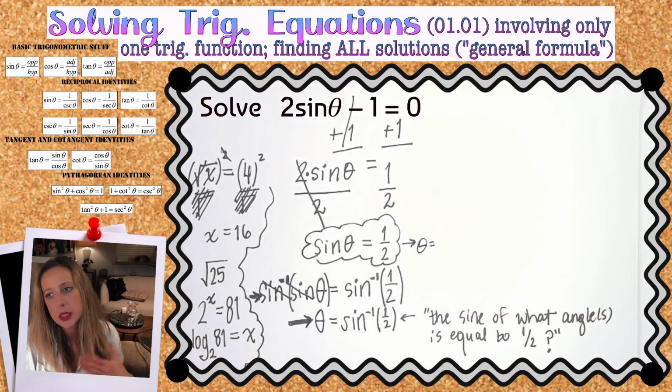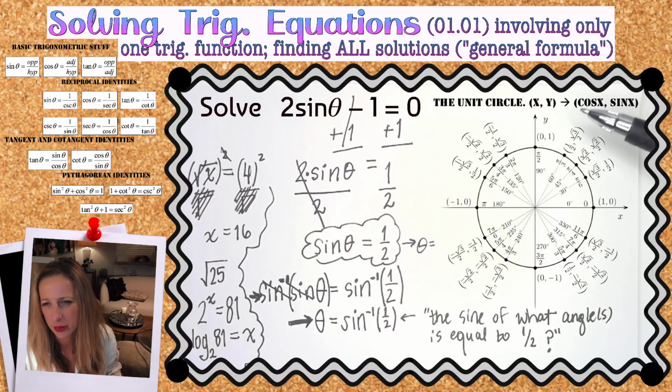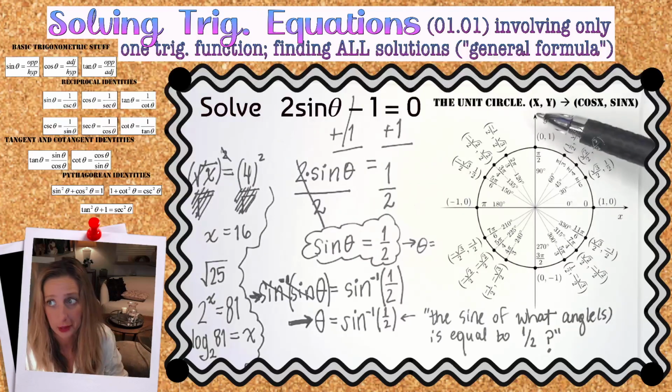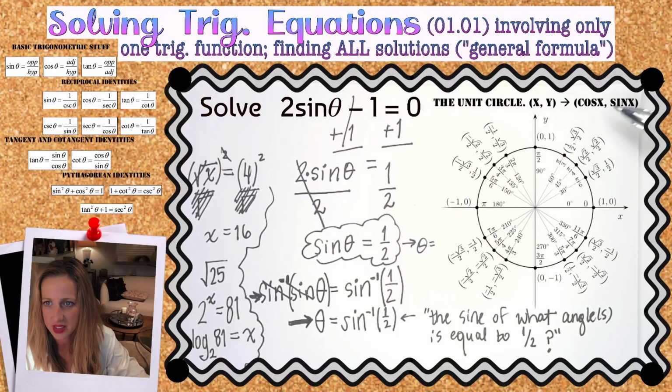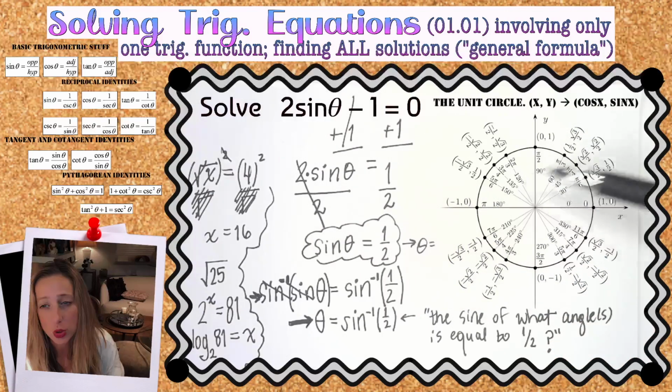So where is sine equal to 1/2? Well, here's a little cutie unit circle for us. And up here we see xy, cosine and sine. Really, I should say theta, because x is x in this case. The y value is sine. And I want to know, when is the y value on the unit circle equal to positive 1/2?